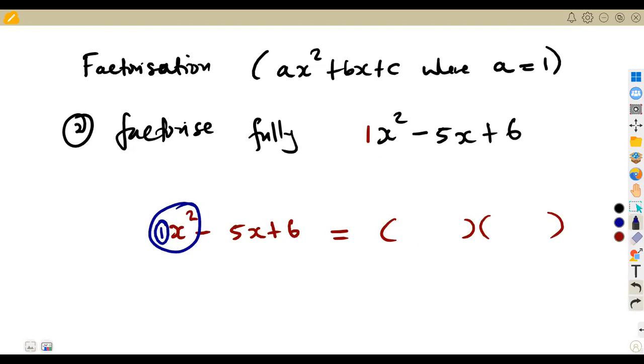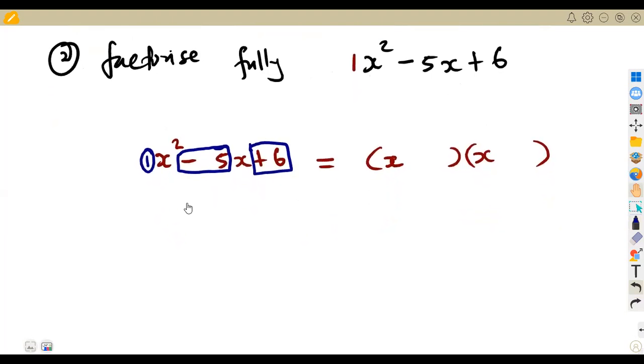So we are going to have x in this bracket and x in the other bracket. Then you have to consider the constant and find its factors, but the factors of the constant must add up to the number in the middle term, which is -5.